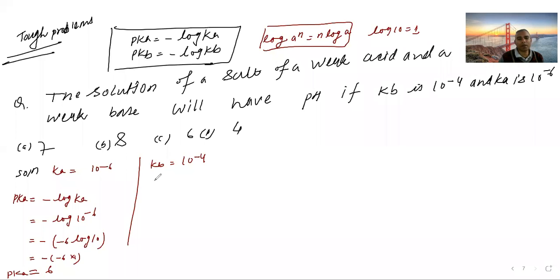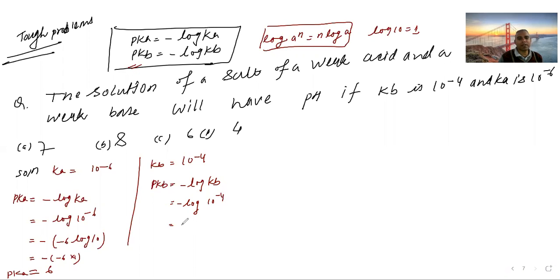Now pKb, how to calculate? pKb is equal to minus log Kb. The Kb value is 10 power minus 4. So using log A power n, we can split this, and here minus 4 is there.